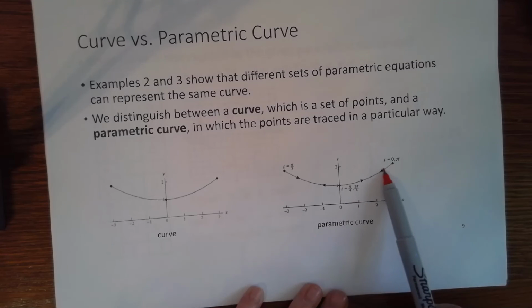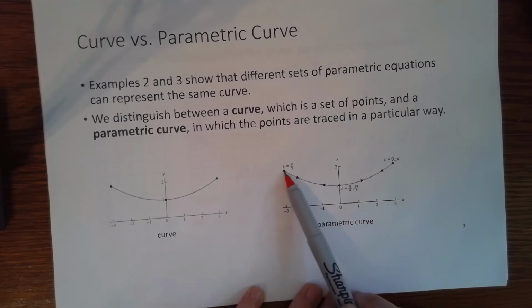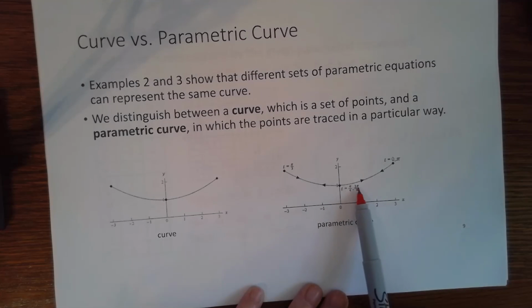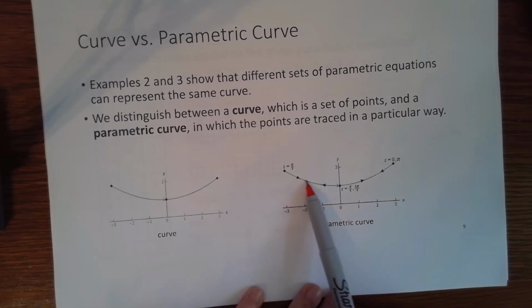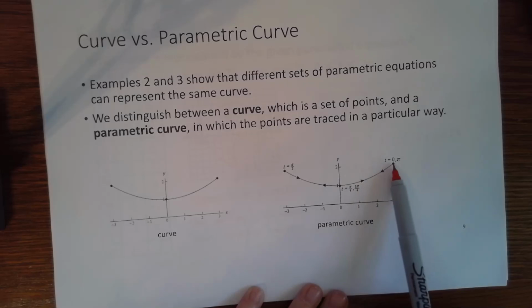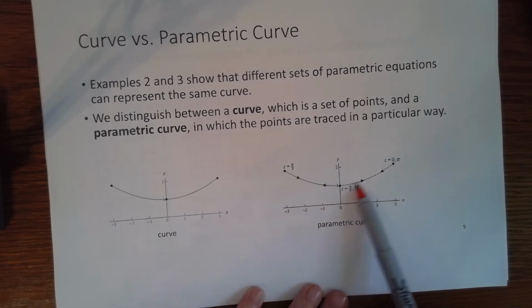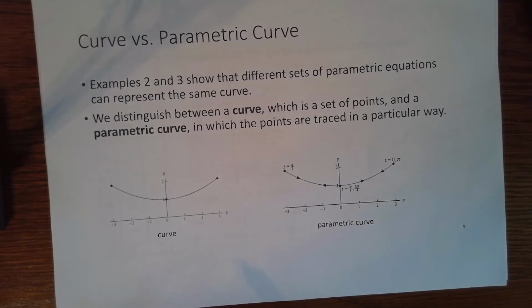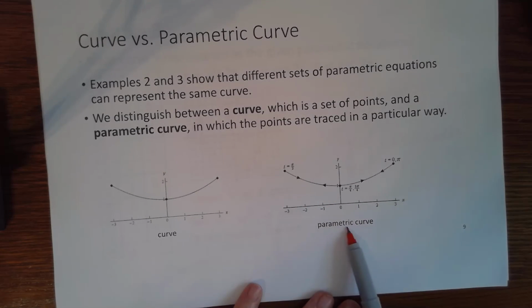As we increase, we're going along the curve this way. But then we come back to this one at 3 pi over 4 and back to this one at pi. So this is both the initial and terminal point, but it moves along this path and back between 0 and pi. So this would be a parametric curve.